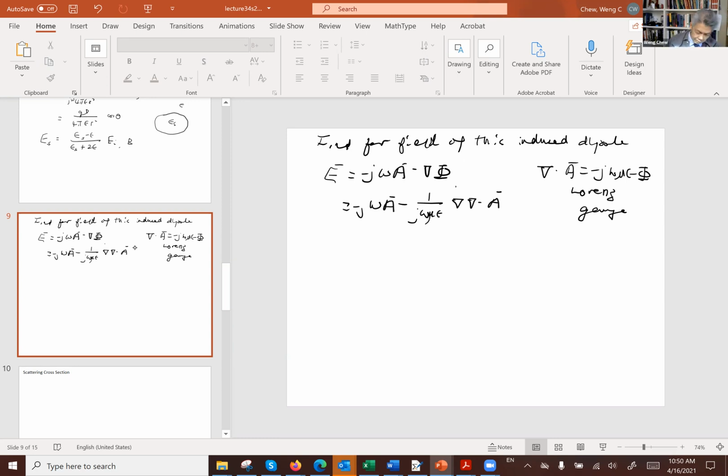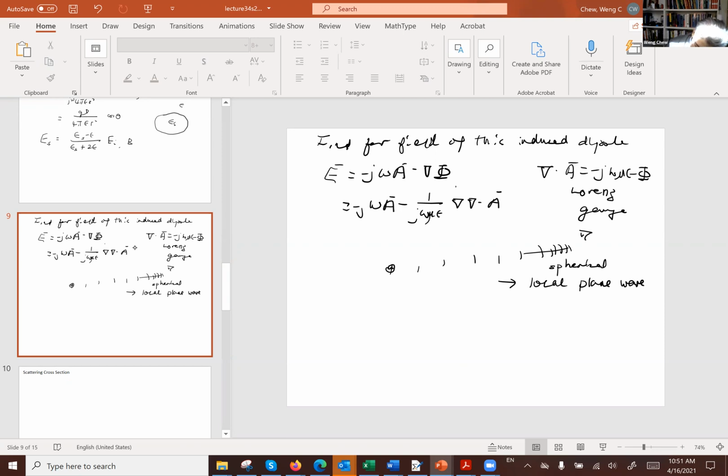Then I'm going to make a far field approximation in the sense that there will be a dipole oscillating, but in the far field, the spherical wave that it produces becomes a local plane wave. Okay, it becomes a local plane wave. So if you're over here and observing this spherical wave coming out at you, it becomes like a local plane wave.